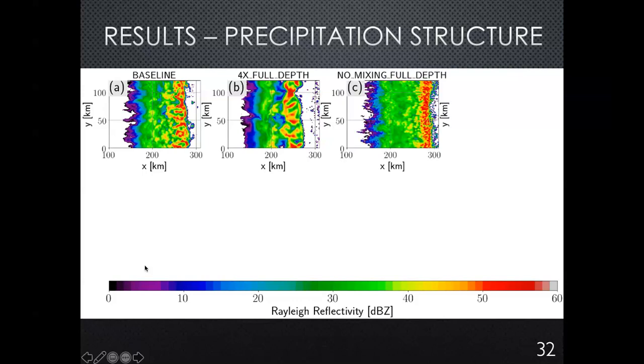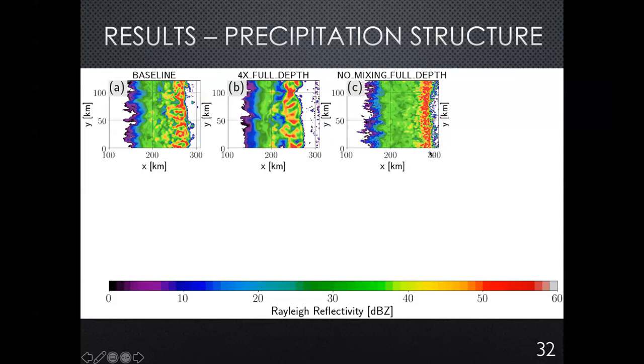If we look at the no mixing simulation, where we have no explicit horizontal mixing, we actually see a very high resolution granularity and structure to the horizontal reflectivity with a further eastward placement, indicating a stronger cold pool.